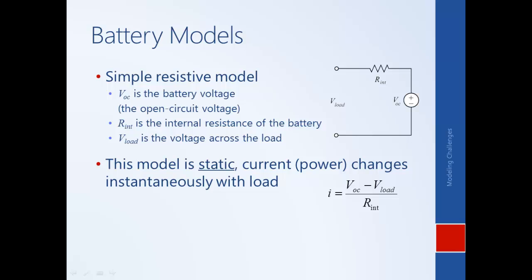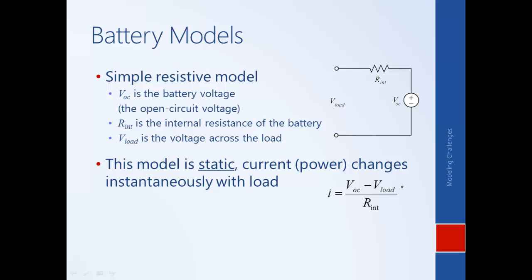This is what we would call a static model. So the model itself derives from Ohm's law. It is an algebraic model, and if the load changes, i.e. the conditions change or the input to the system changes, the output changes instantaneously, as you can see from this relationship.